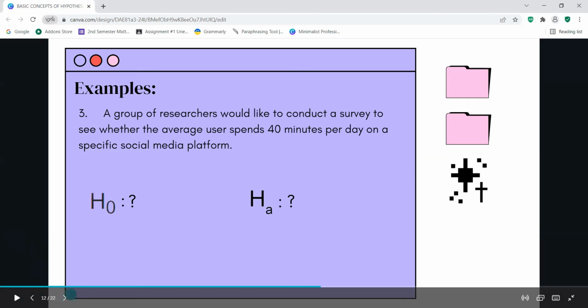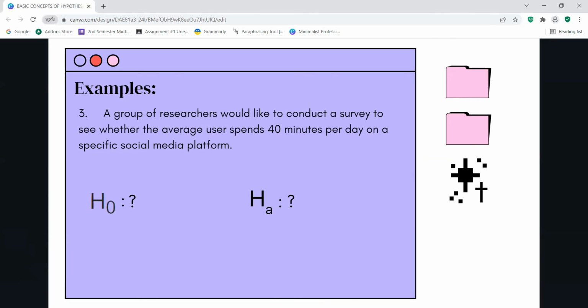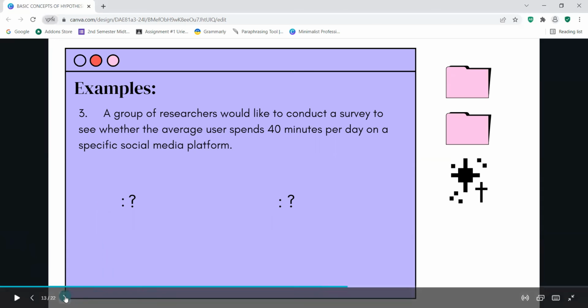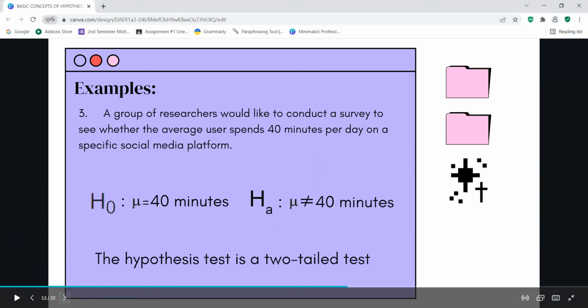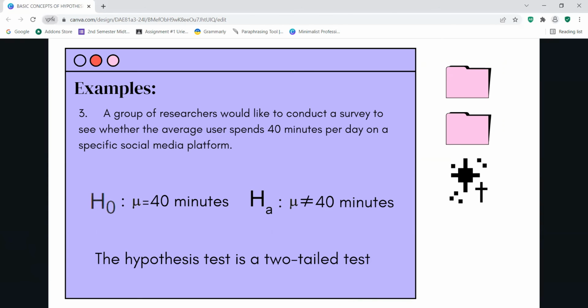And for the next example, a group of researchers would like to conduct a survey to see whether the average user spends 40 minutes per day on a specific social media platform. So for the null hypothesis, it is said that the user spends 40 minutes per day on average.